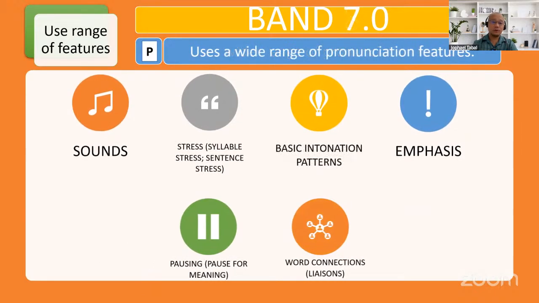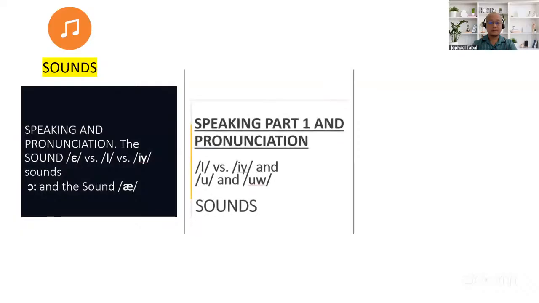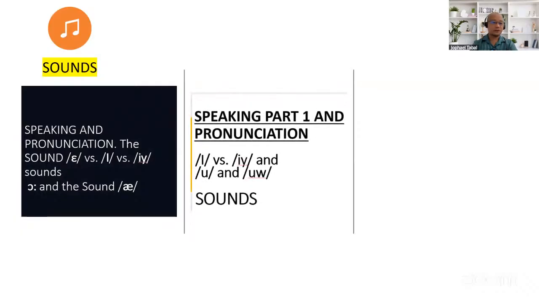Now, for band 7 in pronunciation, or use of a range of features, we have clear sounds, syllable stress, basic intonation patterns, emphasis, pausing for meaning, not for ideas, and word connections or liaisons. Let's check some of the pronunciation feature sounds.